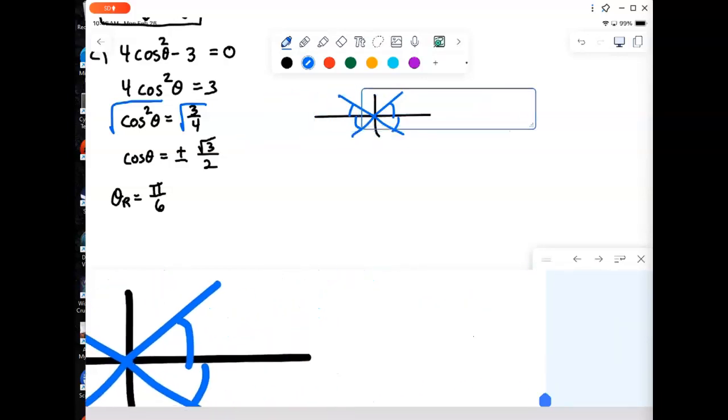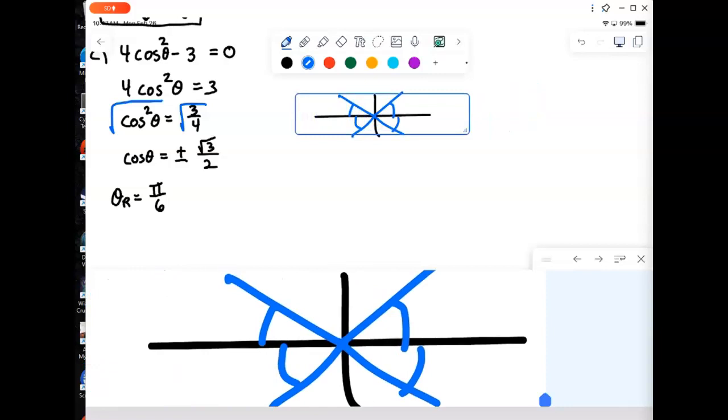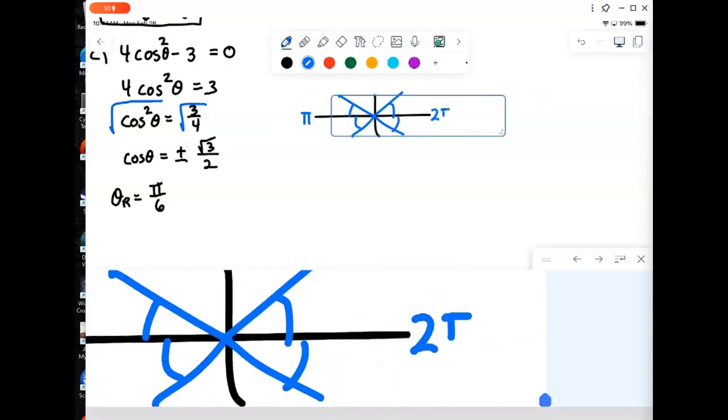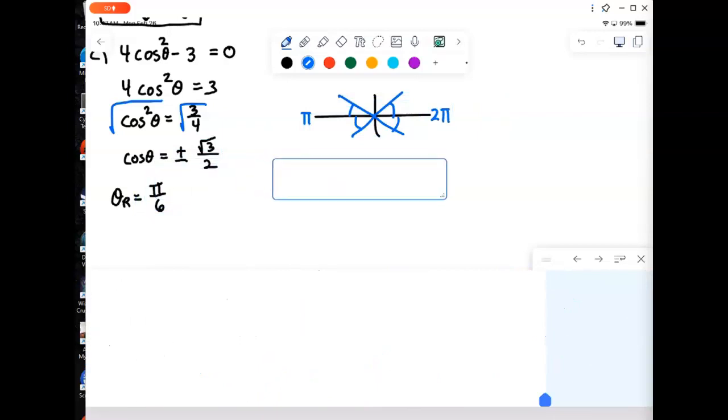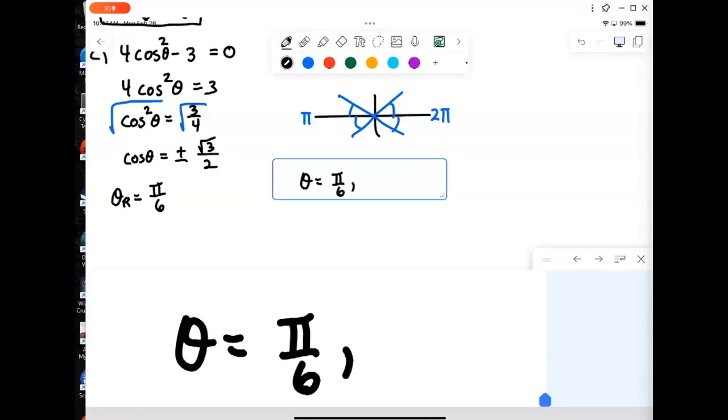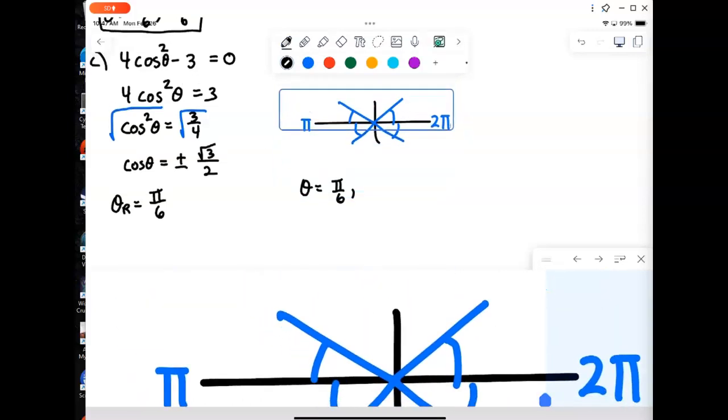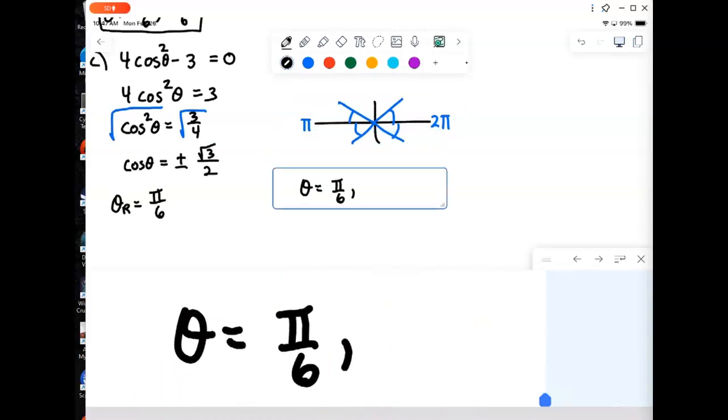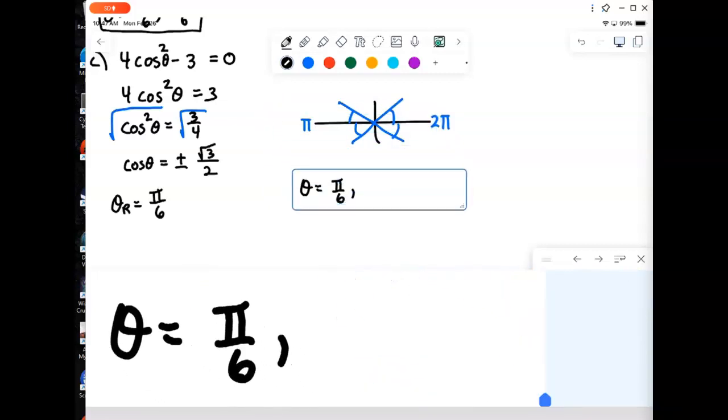In the first case, we're just in the first quadrant itself, so it's pretty straightforward: the first angle would just be the reference angle, pi over 6. Then in the second quadrant, we're short of pi, so it'd be pi minus the reference angle, 1 minus 1/6, which is 5 pi over 6.